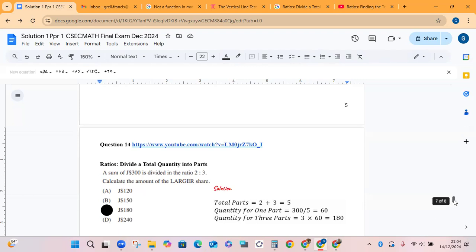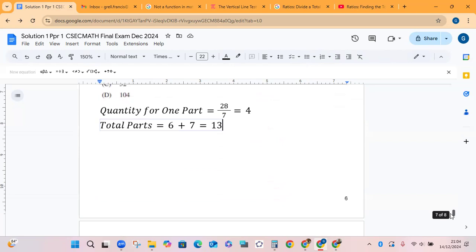So to get the total quantity, all we have to do is to multiply 13 by 4.